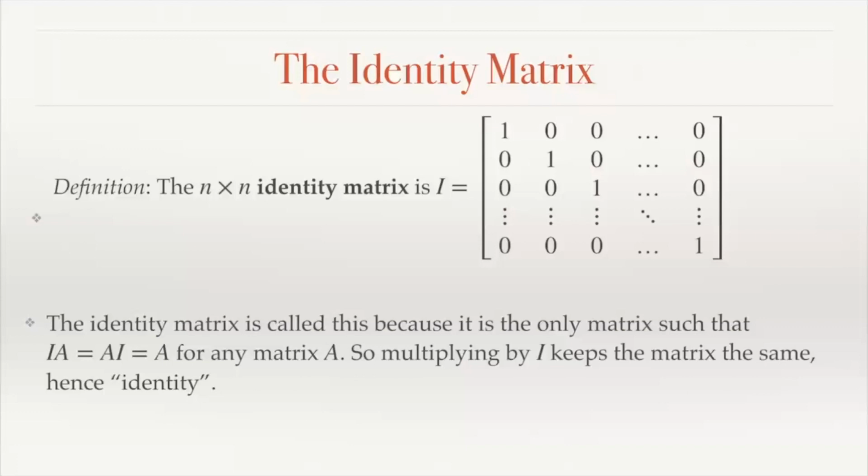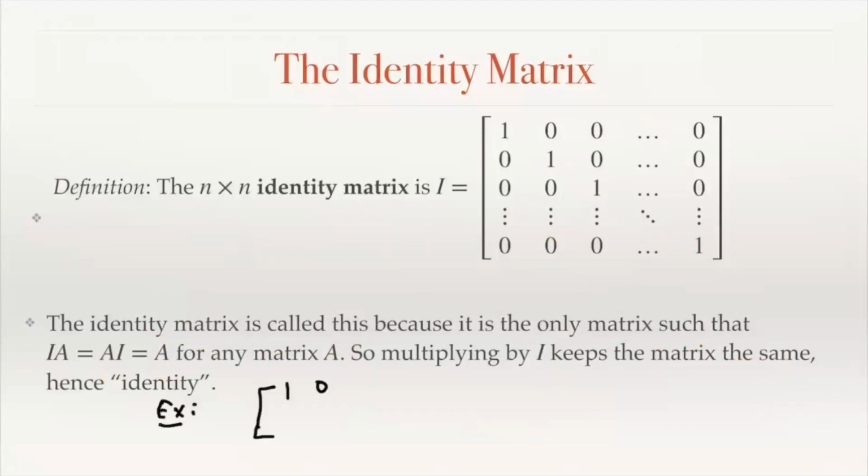Now, under matrix multiplication, there is such a thing as the identity matrix. The identity matrix is a diagonal of ones in which everything else is 0. It is called the identity matrix because it is the only matrix such that IA is A for any matrix A. In other words, multiplying by I keeps the matrix the same, hence identity. It's like the number 1.